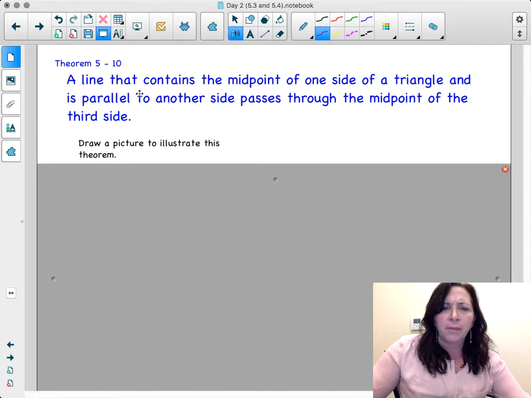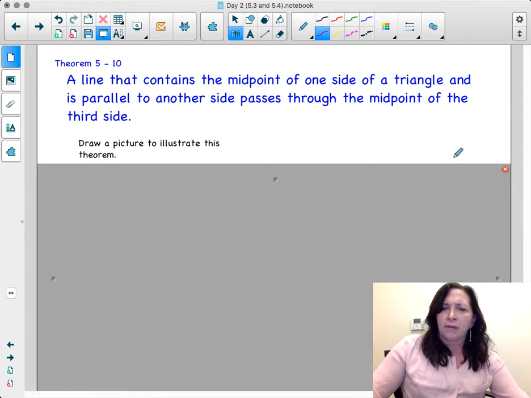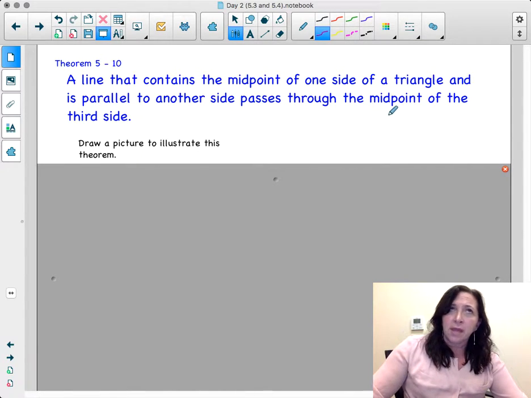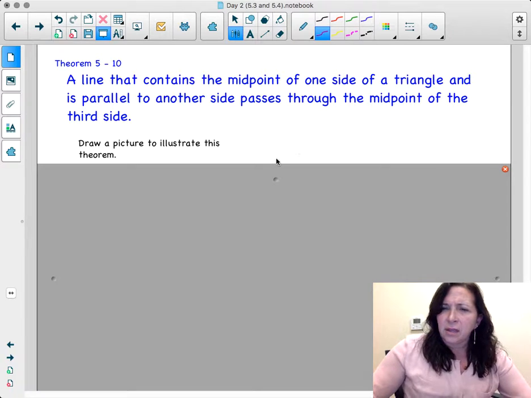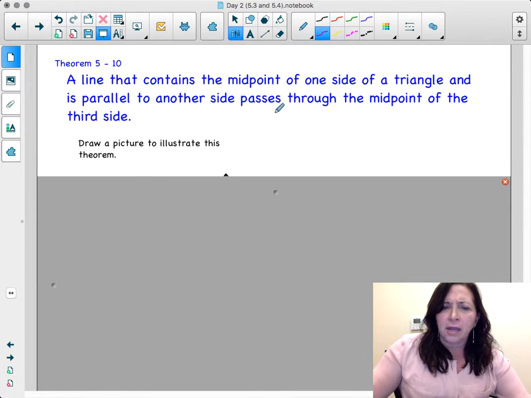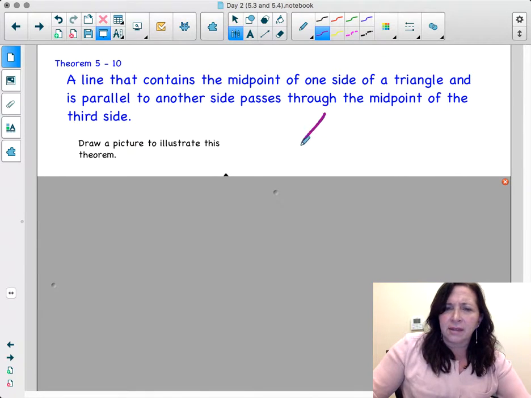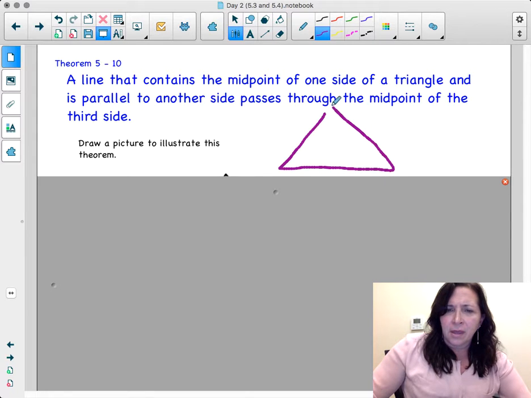For this problem, the line that contains the midpoint of one side of a triangle and is parallel to the other side passes through the midpoint of the third side. So what that means is basically, I want to draw that first. So we have a line that contains the midpoint of one side of a triangle. So here's my triangle. Let's just draw this line going across like this.